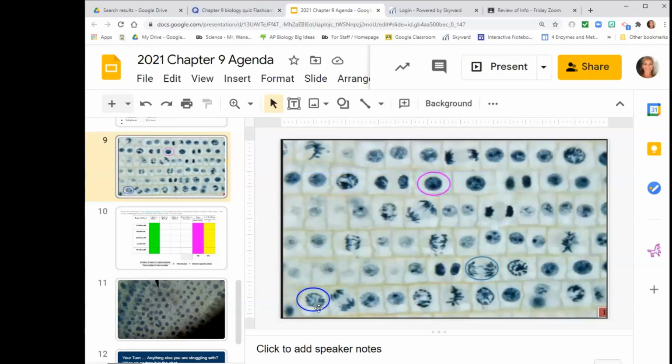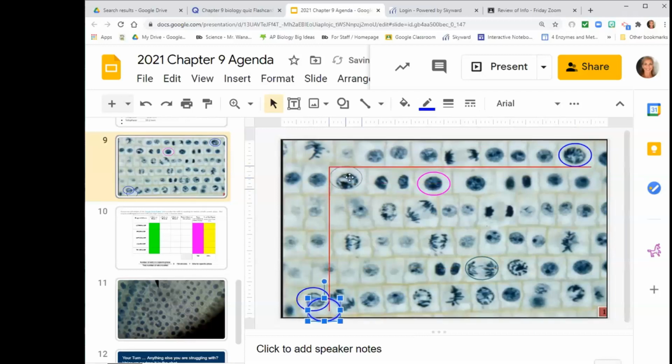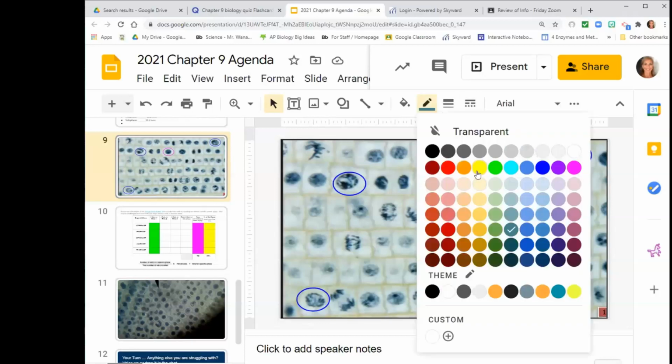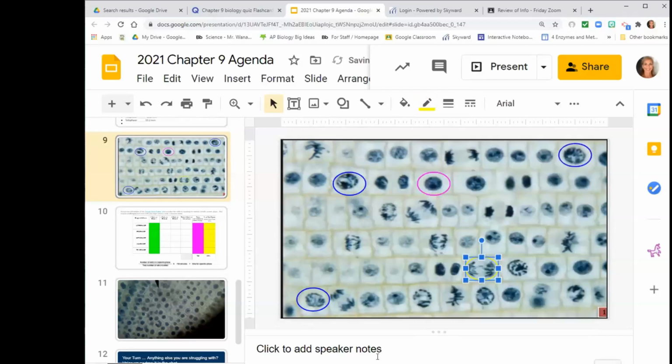This one here is in prophase. Prophase has a nucleus that's beginning to break apart, and I'm starting to see thicker chromosomes. How many do you see that look like prophase? Write that number down.